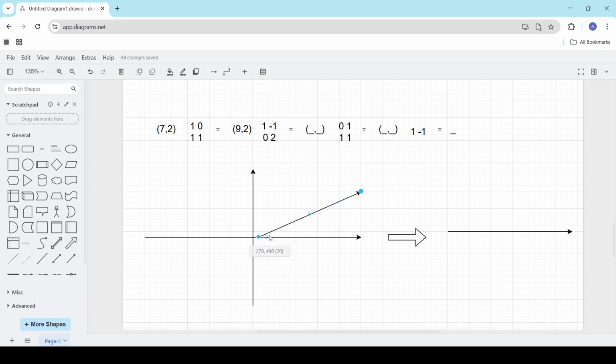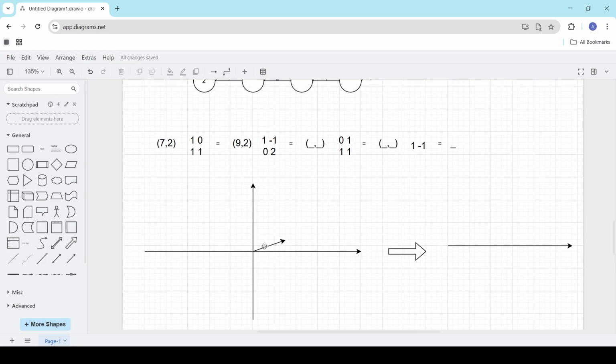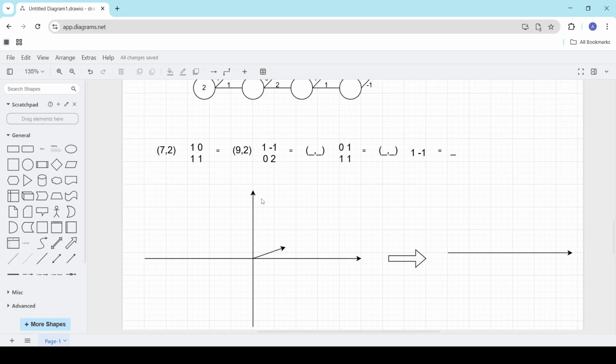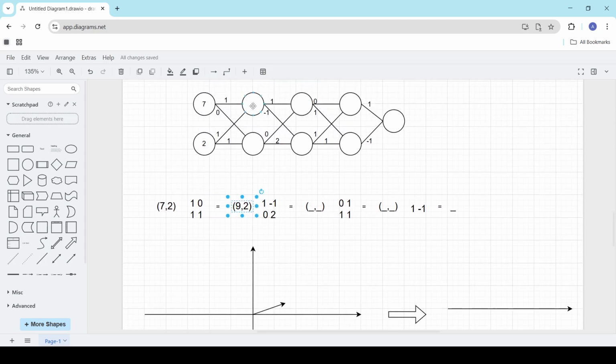This is the first vector. Actually, I'll remove this one because it's easier. So 7 2 is going to be translated after the matrix multiplication into 9 2. And here is going to be 9 and 2. Pretty nice. And in the end it's going to be one number, which is going to be cool.